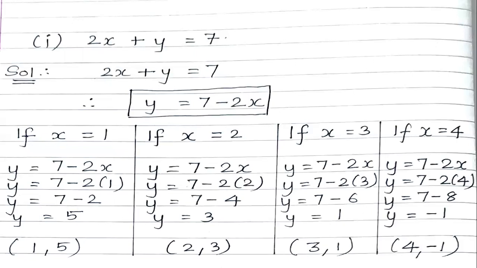For simplification of the calculation, I shall first rewrite the equation 2x plus y is equal to 7 as y is equal to 7 minus 2x. And then all that I'll be doing is replacing the value of x with different numbers.